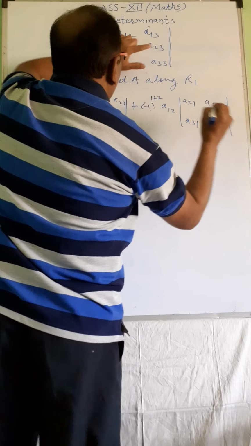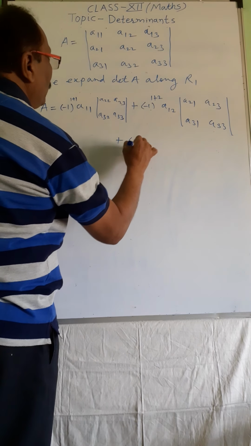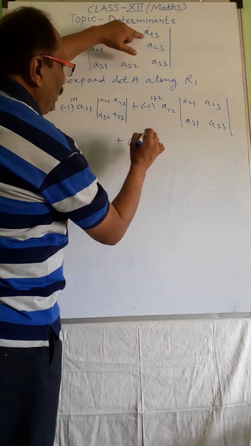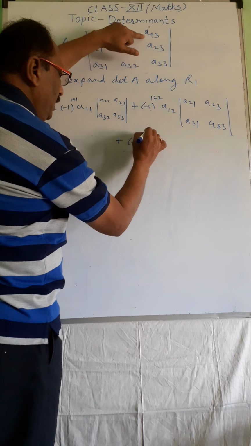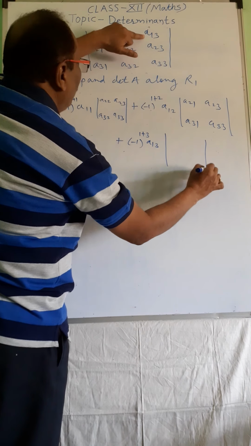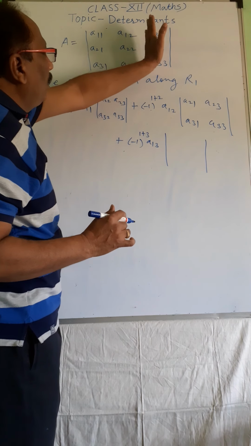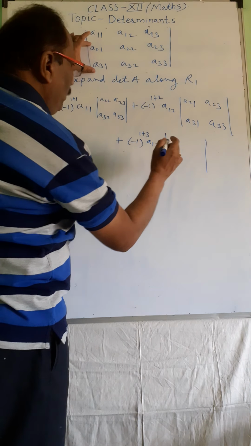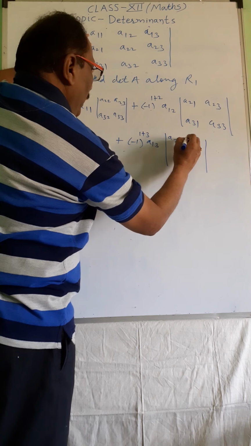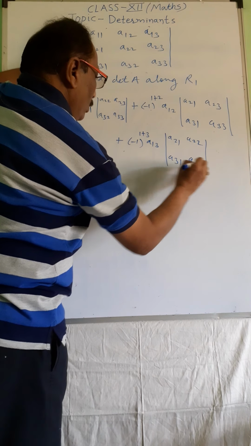Third, plus minus 1 raised to power 1 plus 3, then A13, the element itself, then the determinant: you take first row and third column. The leftover elements will be A21, A22, A31 and A32.